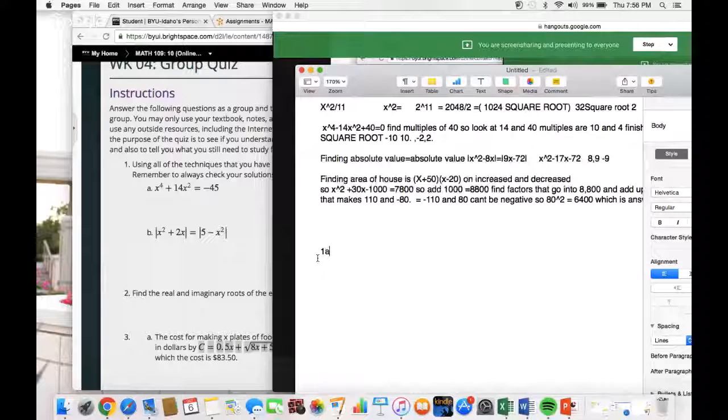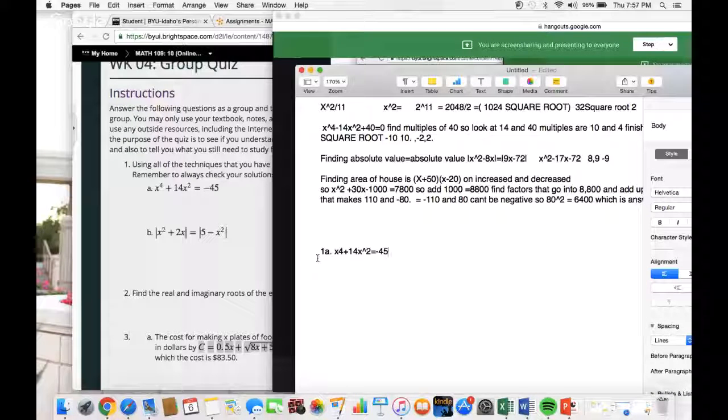So for 1A, you got x to the 4 plus 14x squared equals negative 45, right? Yeah.